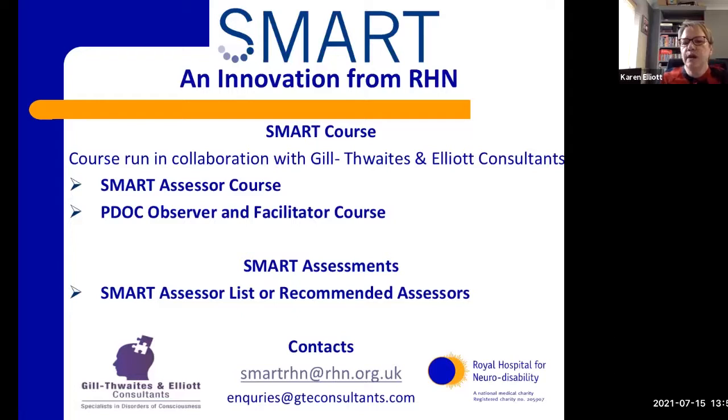Gilthwaite and Elliott also run a PDOC one-day observer and facilitator course, which we often do in the workplace with teams, and work on how they observe and monitor and record and how they work with somebody. It's a framework that we provide for PDOC. There's an assessor list on the website, and if you've got any queries about SMART at all, the contact details are below, and for Gilthwaite and Elliott, the contact details are at the bottom.